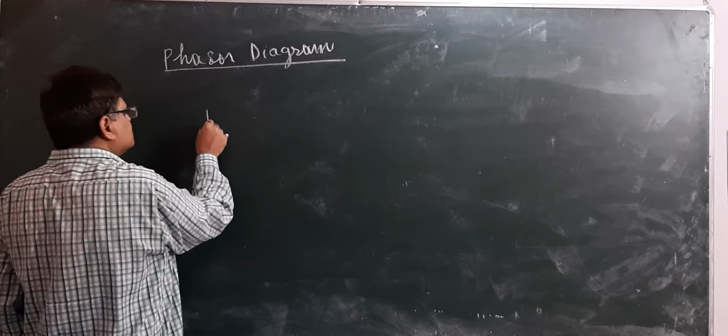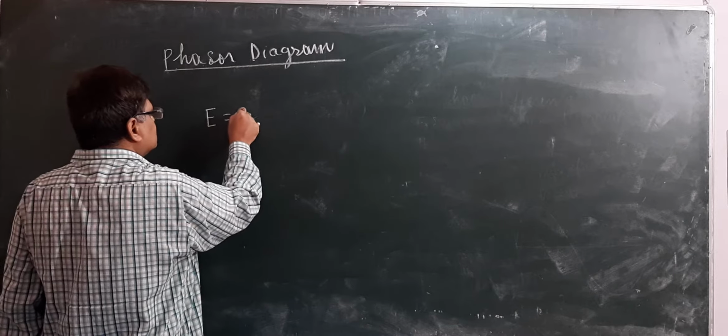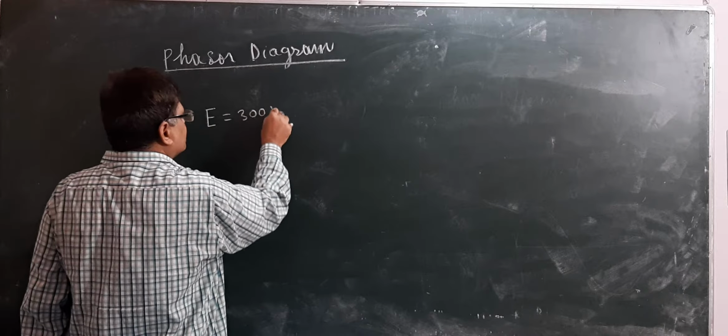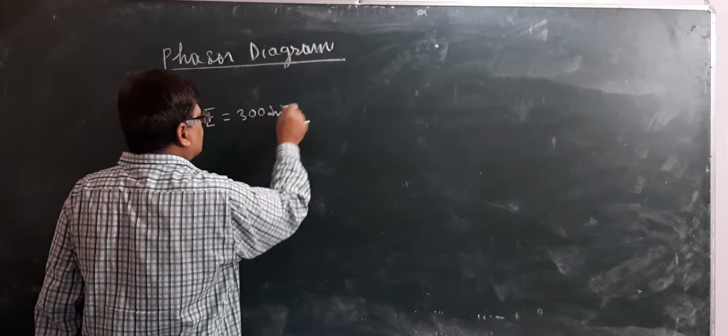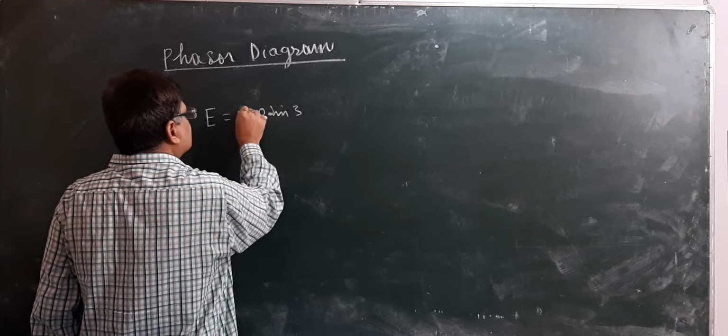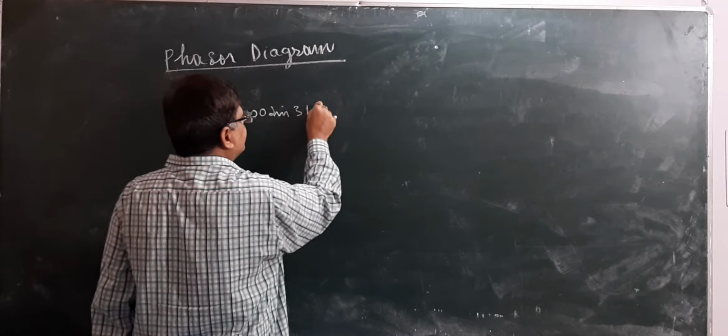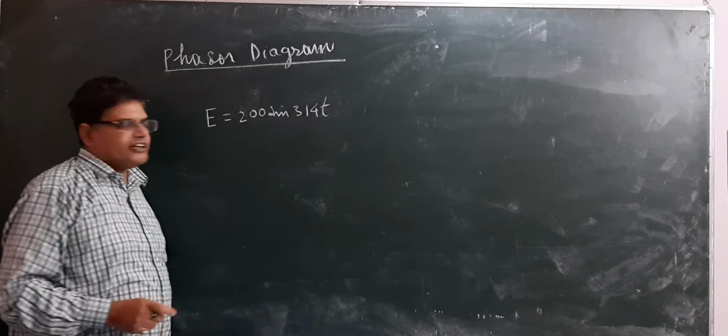It's a question in which it is given that E is equal to 200 sine 314t. This is the expression for the instantaneous EMF.